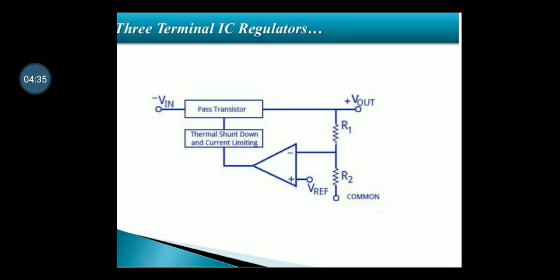Next, this is the three-terminal IC voltage regulator. It can be seen from the figure that it has a thermal shutdown and current limiting, and a pass transistor. This transistor is in series with the unregulated DC voltage and the regulated voltage, so it absorbs the difference between these two voltages whenever any fluctuations occur, so that the output would be smooth.